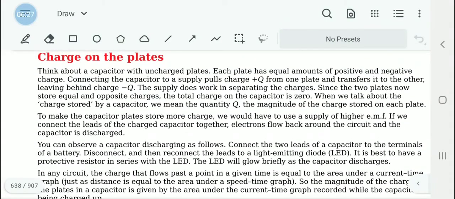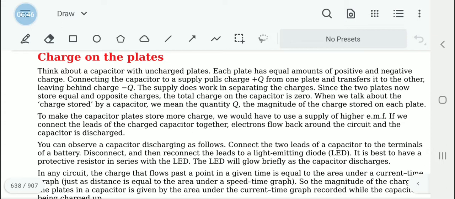Now, if a capacitor is taken with uncharged plates, uncharged means it has equal amounts of positive and negative charges.